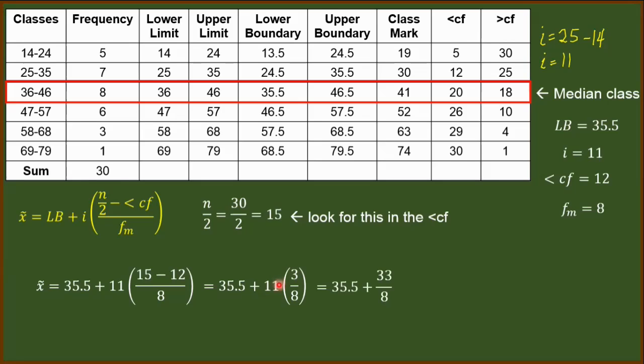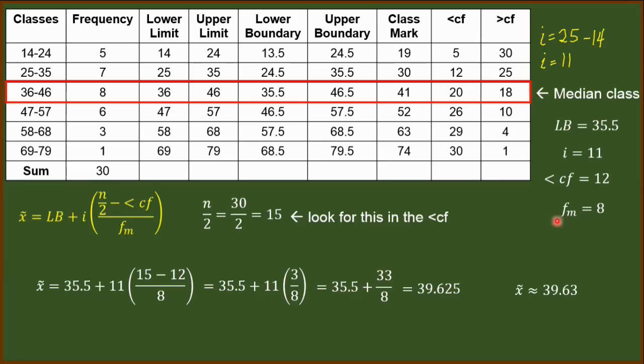That will result to 33 over 8. And this entire fraction will be added to 35.5, which will give us the sum of 39.625. Since this is already our answer, this is the time when we will round off the value to the nearest hundredths, meaning 2 here will be changed to 3.